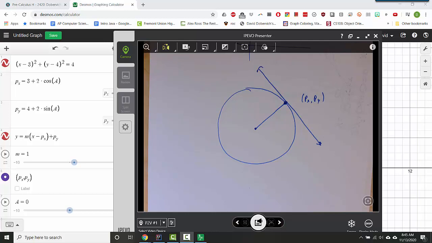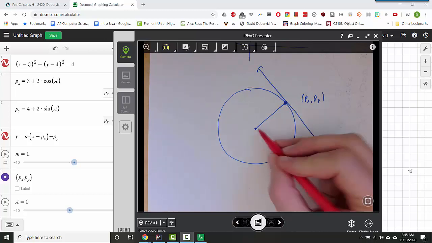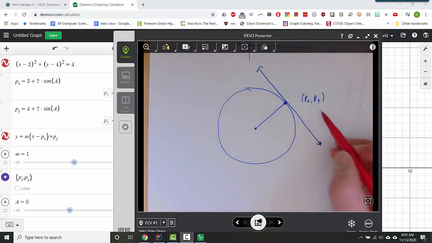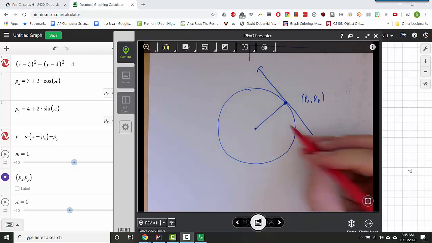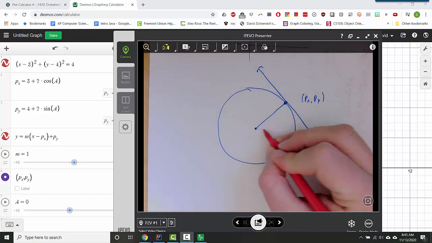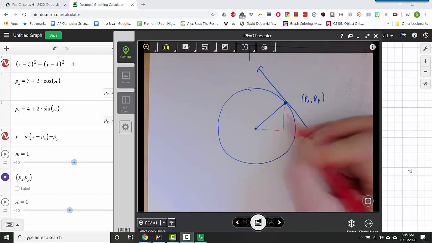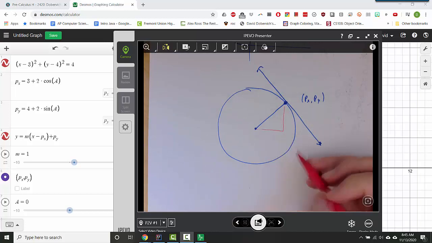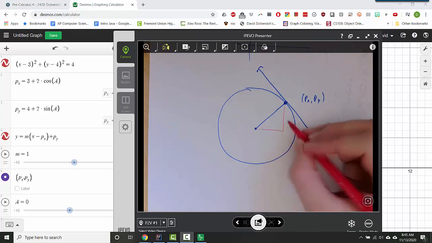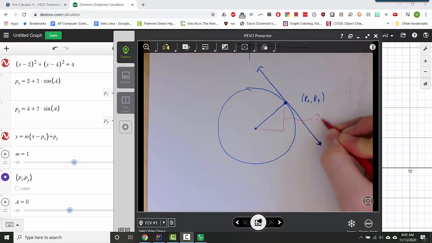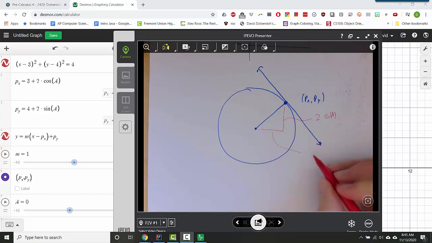As I said before, I know that the slope of the tangent line is the negative reciprocal of that slope. So let's figure out what this slope is for any arbitrary point at px, py. Slope is change in y divided by change in x. Here the change in y is 2 times sine of the angle, and the change in x is 2 times cosine of the angle.